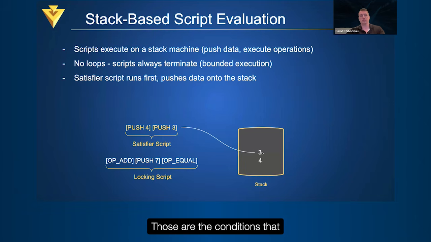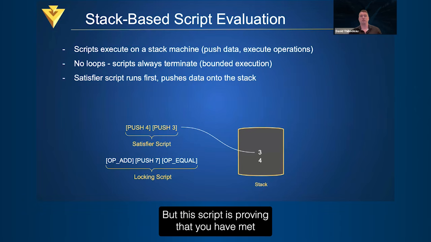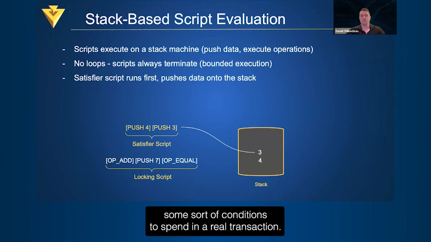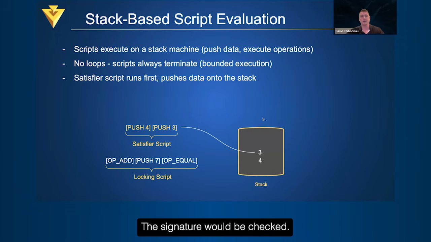Those are the conditions, and again, this is a very simplified script, but this script is proving that you have met some sort of conditions to spend. In a real transaction, you would be signing the transaction, the signature would be checked. This is just a toy example.